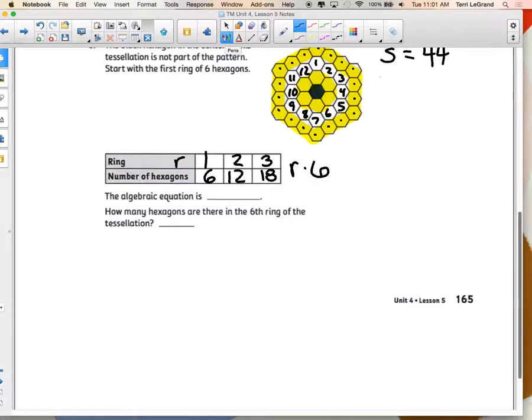The rest of you keep working if you're not done. So does that say H equals R times 6? Okay. So she's calling the number of hexagons H. Who wants to do the figuring, showing how many there are in the sixth ring? Come on up, Wade, and show your work along with the answer, and those of you that are done, just keep working, okay?